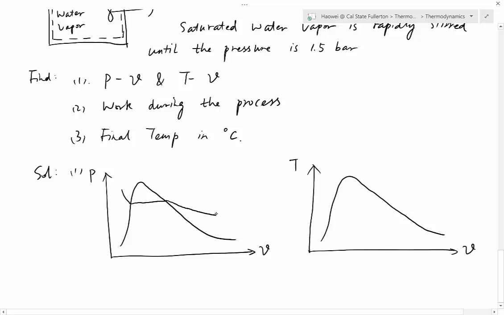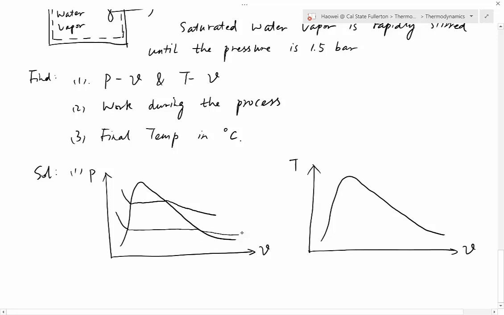Each line represents a constant temperature because we have 2 points, initial temperature T1 and a final temperature T2. So for this problem, we're going to sketch two constant temperature lines, one for each temperature. So let's sketch another one, curve down, and then straight, and then curve down.